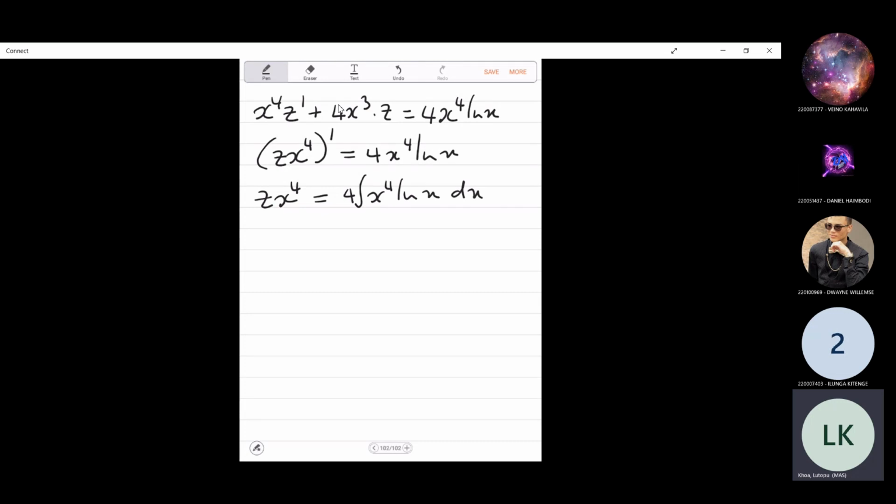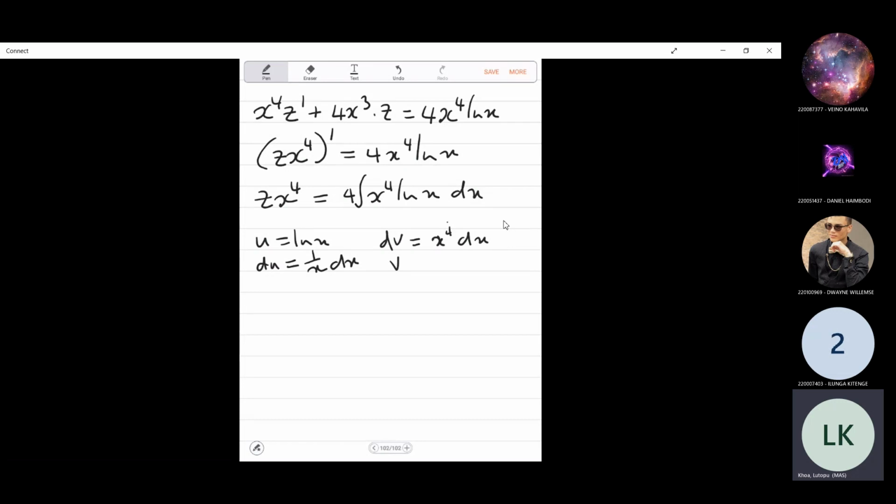And this one to integrate, we will let u equal to ln of x, and then this means that du is 1 over x. Here dv is x to the power of 4 dx. Don't forget the dv and the dx here, the dx there.